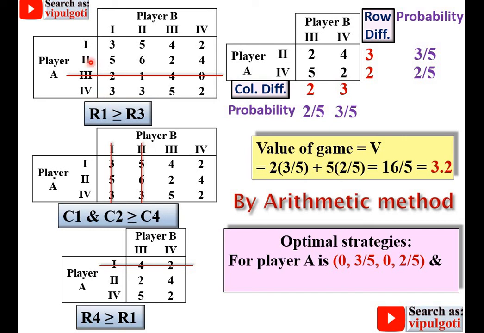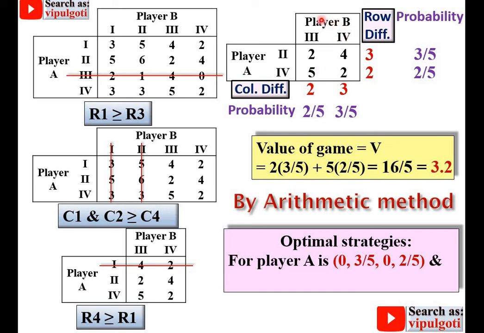Now the second strategy. So here you can see the second strategy has probability 3 by 5. So I have written 3 by 5. Next, the third strategy. So in this final table, the third strategy is not there. Means player A is not going to follow the third strategy, and so the probability is 0. Next, the fourth strategy has probability 2 by 5.